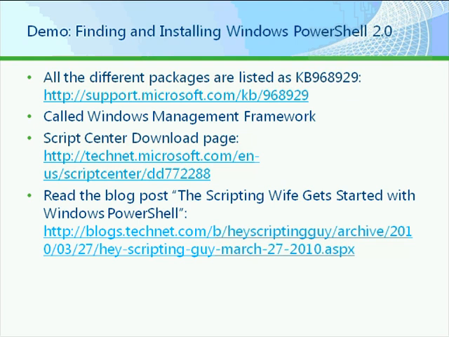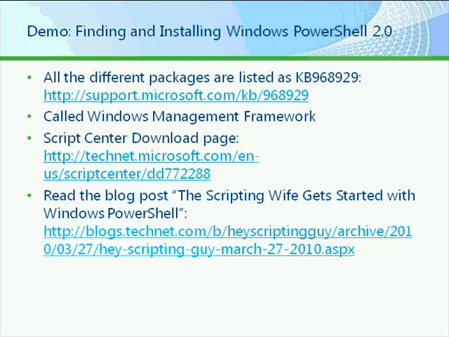The reason is it lists all of the different packages that are available. So you've got a 32-bit version of XP, the 64-bit version, and the package for XP, 2003, 2008, Vista, and all the different flavors. So it's one great big long page. What makes it a little more confusing is that it's called the Windows Management Framework instead of PowerShell 2.0.